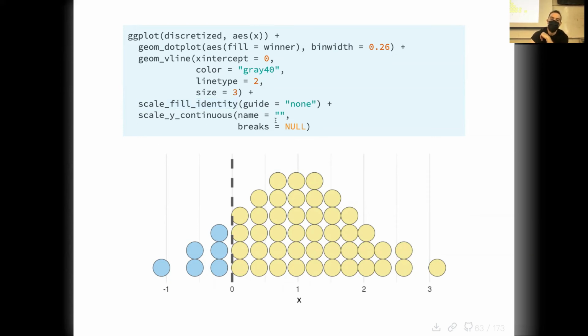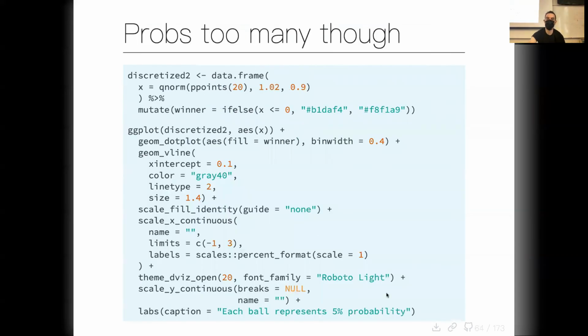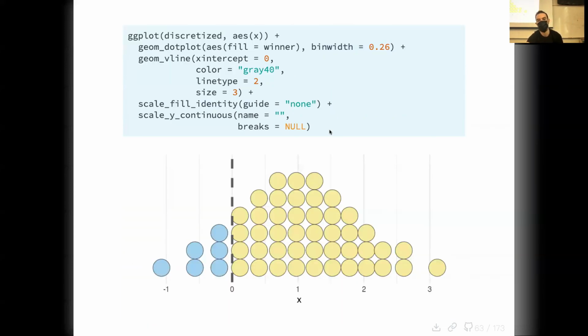And so now I'm doing a bit of extra stuff, but now you can see that this is a discretized version of that density. However, I created all of that, and then I pretty much immediately thought, well, that's probably too many of them, because this is now starting to approximate a density anyway.